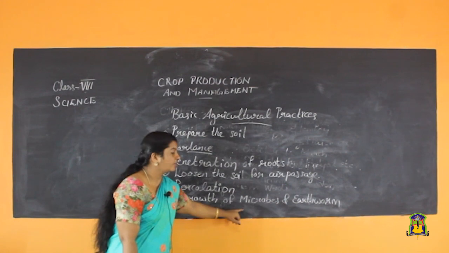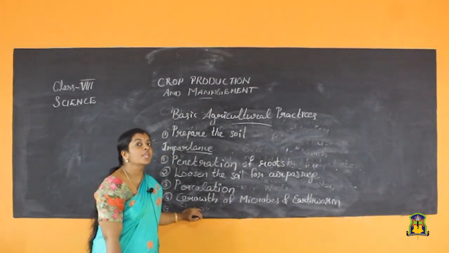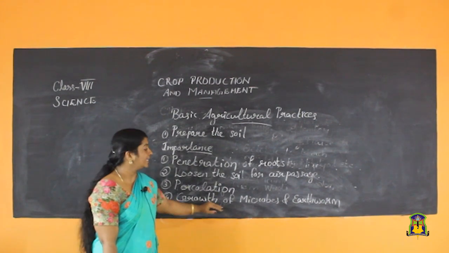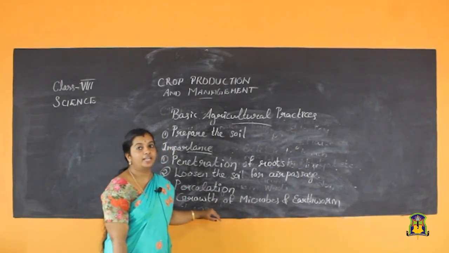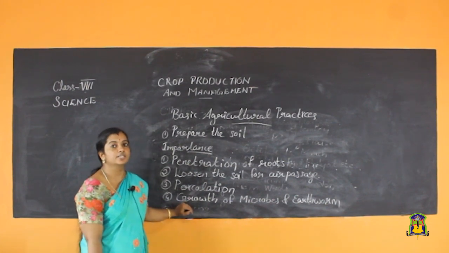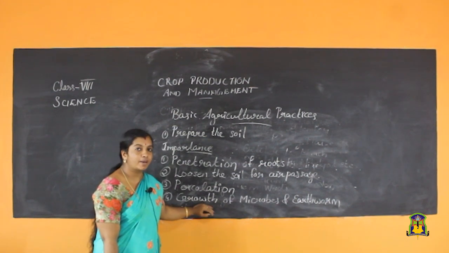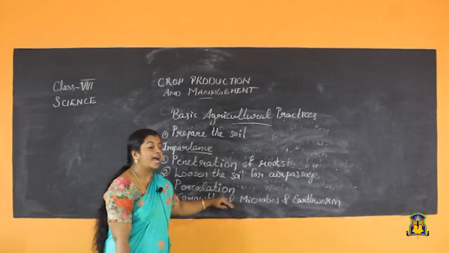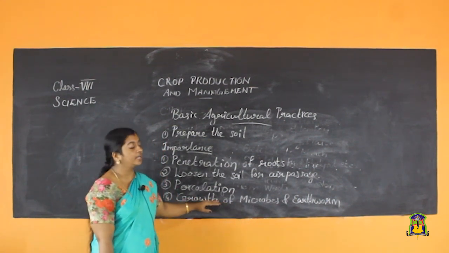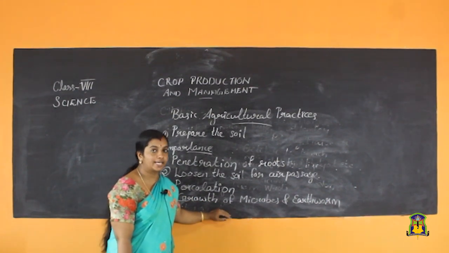Then, microbes. What are microbes? Microbes are all microorganisms that live in the upper layer of the soil, and these microbes help in preparing humus. We have studied about humus in lower classes, right? What is humus? Humus is the dead and decaying organic matter, that is, these microbes act upon the dead and decaying matter and convert them into humus, which is a very good fertilizer.